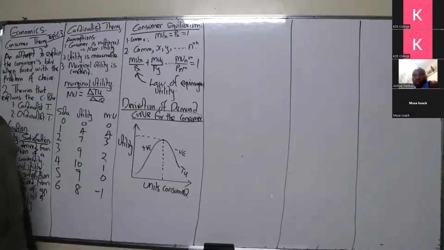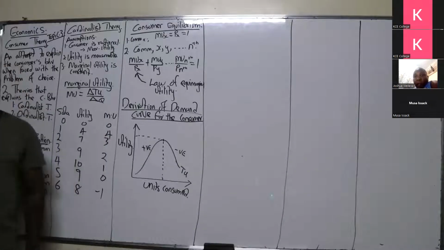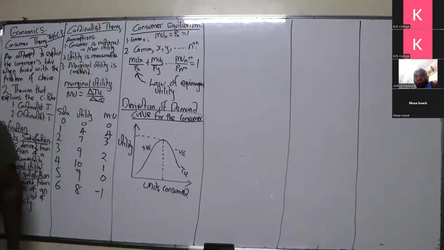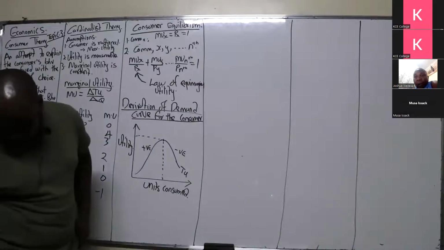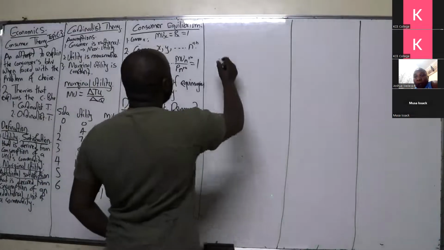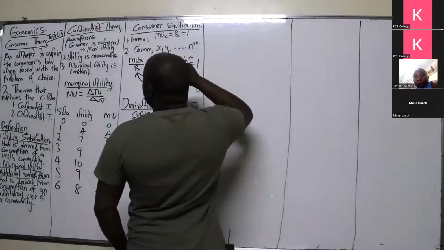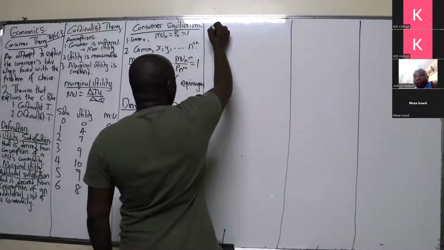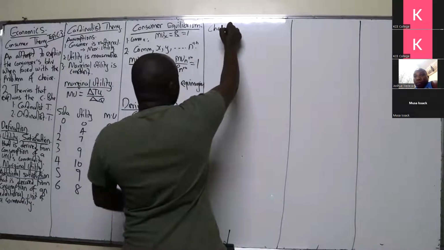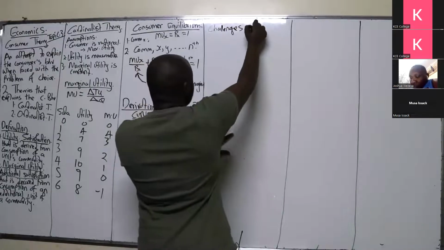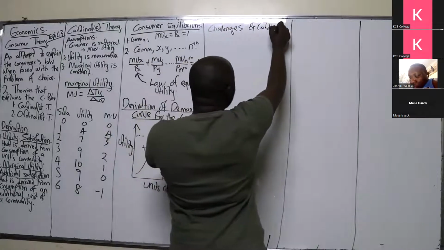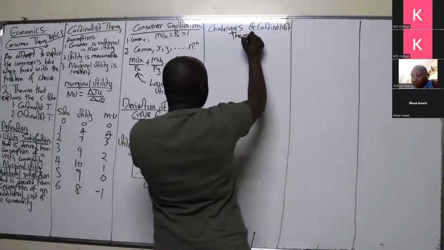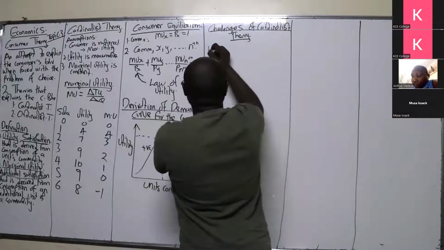The next thing that the examiner usually likes to ask is about the criticism of the Cardinalist theory, or the challenges of the Cardinalist theory.